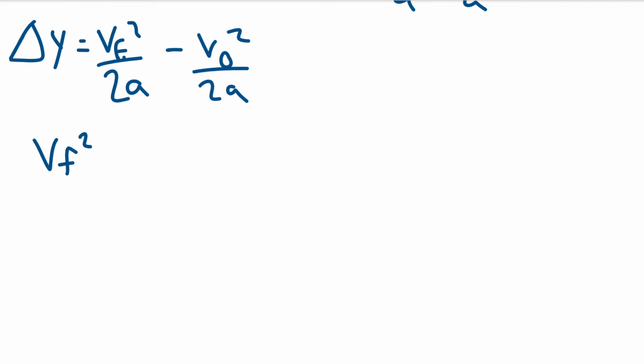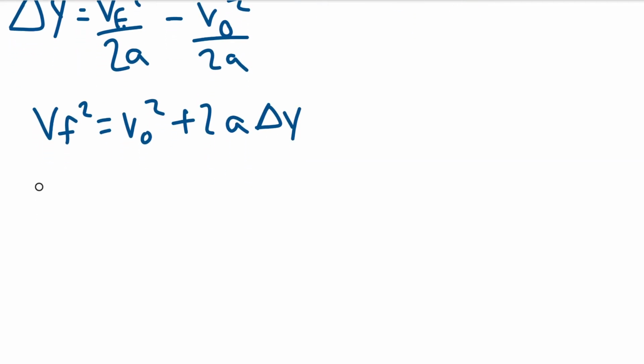We have vf squared equals v naught squared plus 2a delta y.